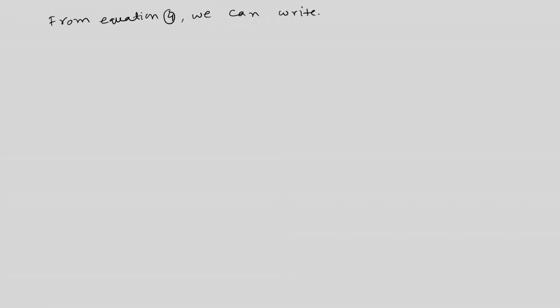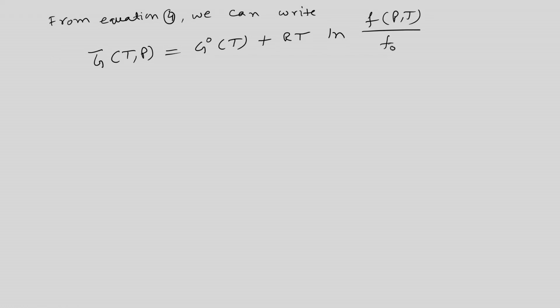Now, from equation 4 we can write G bar TP is nothing but G naught T plus RT ln f(P,T) by f naught.